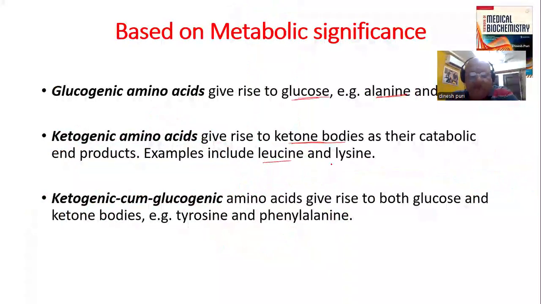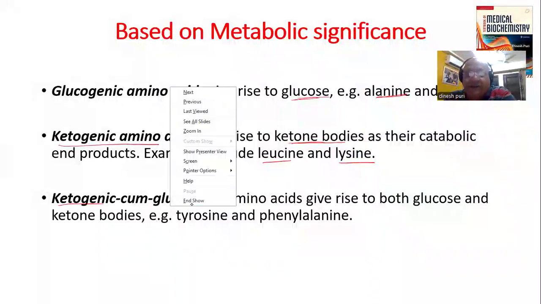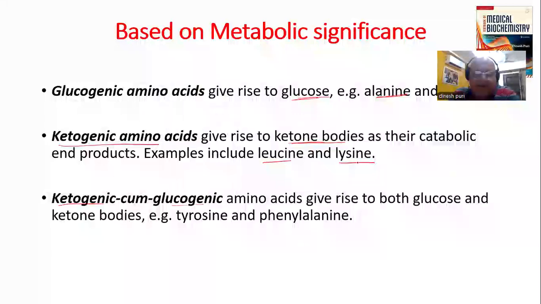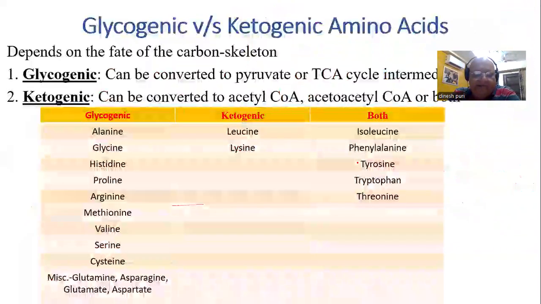So leucine and lysine are ketogenic amino acids. Some amino acids can form acetyl coenzyme A, therefore ketogenic. They can also form a TCA intermediate. An example is shown here in the next slide.